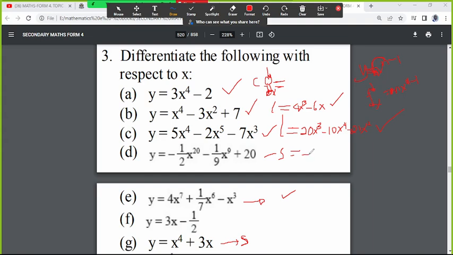Next is Sarah. Negative 10x power 19, then minus x power 8. Good. Who was next?